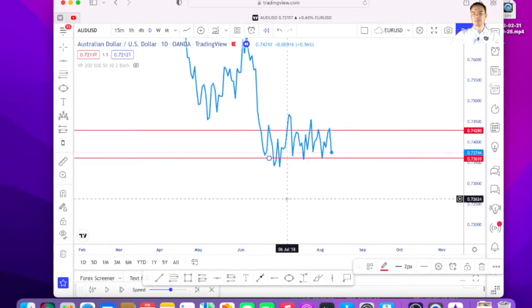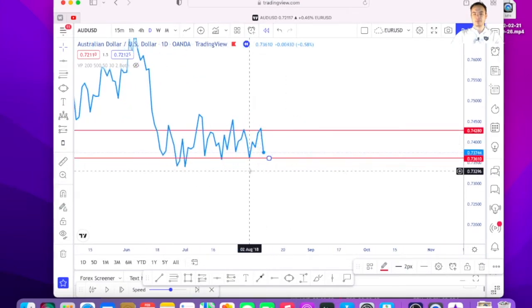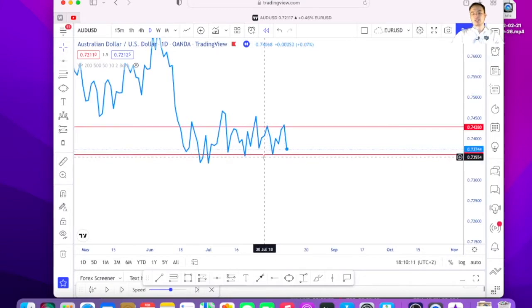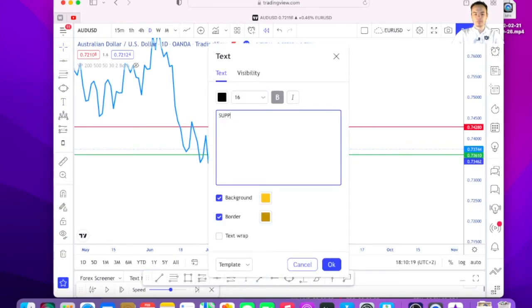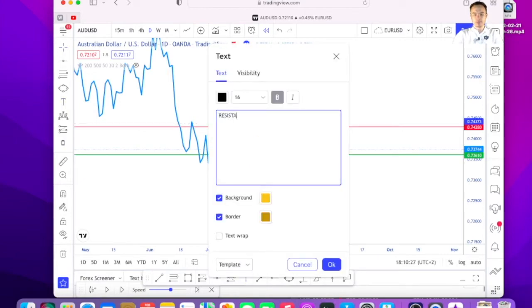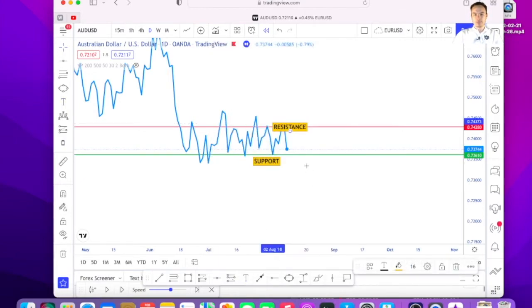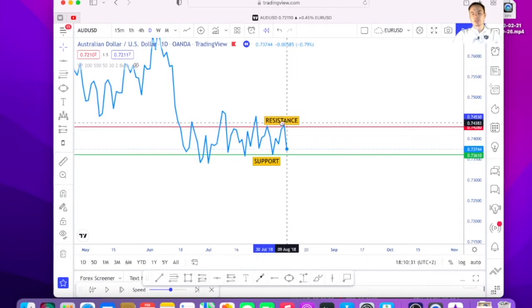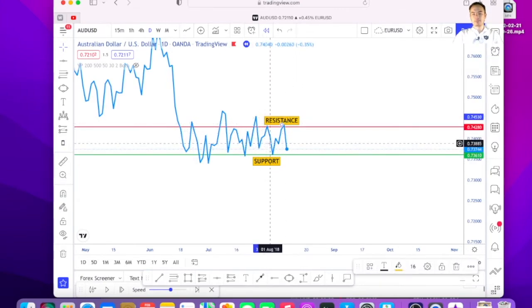Make it bigger. So as you can see, I'll represent the support by a green line, and then here is resistance. So now, as you can see, price bounces off support and resistance.